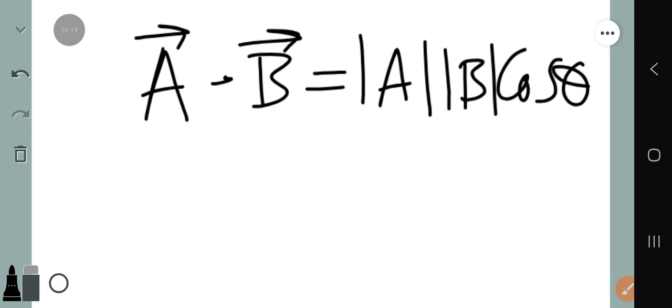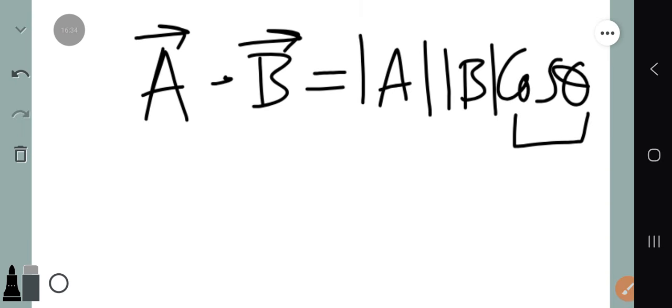So when do you use the dot product? What do we use the dot product for? We use the dot product to find the angle. Sometimes you can use the dot product of two vectors to find the angle.